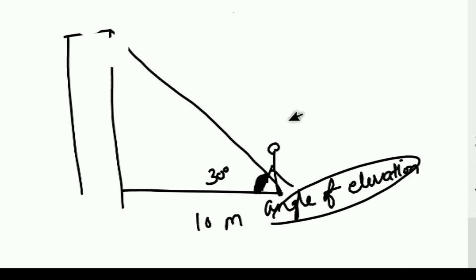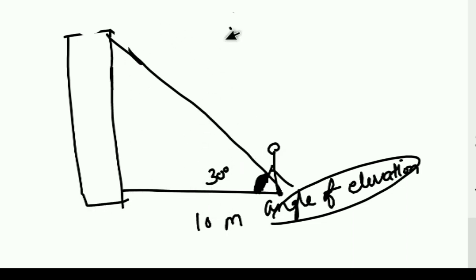Now we can measure the height of the building using trigonometric formulas. How? Let's see. We have the distance between the building and the person, which is 10 meter.